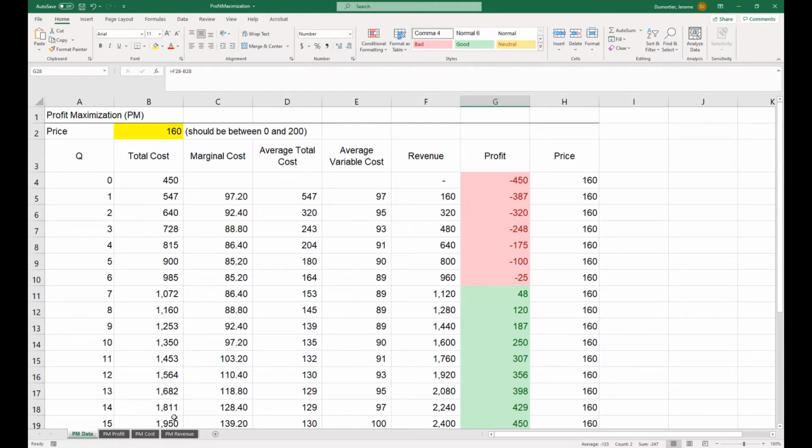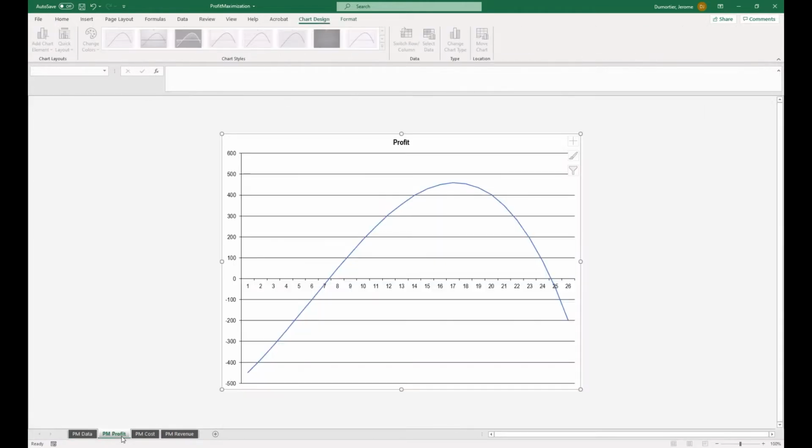Now this column with the profit, I have represented here in this graph, and as you can see, you're making a profit for small output quantities and then it's increasing, and at some point it is maximized here and then it is decreasing. So if you are a firm and given your total cost and given the output price of $160, then you want to produce around 17 to 18 units in order to maximize your profit.